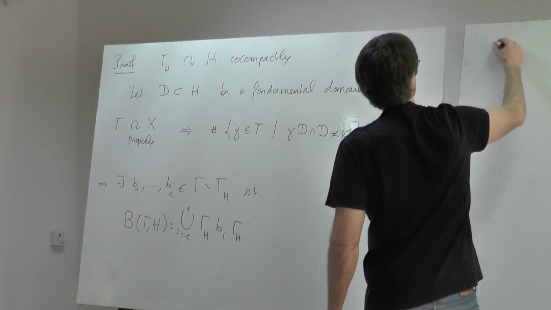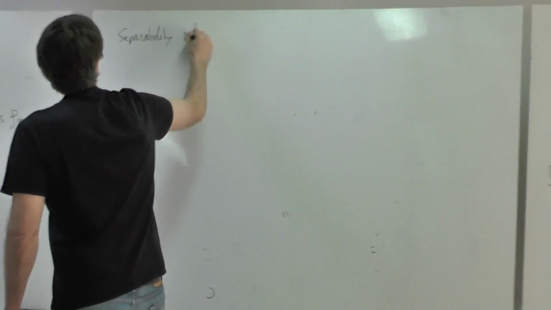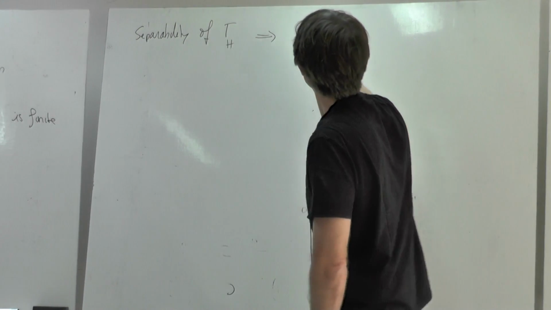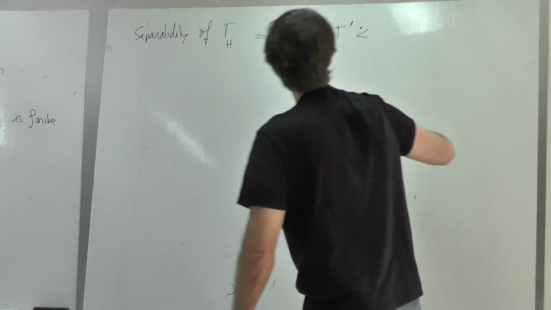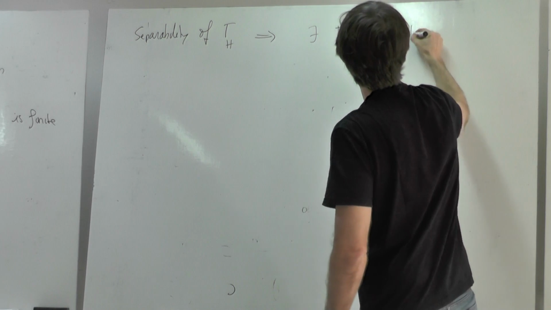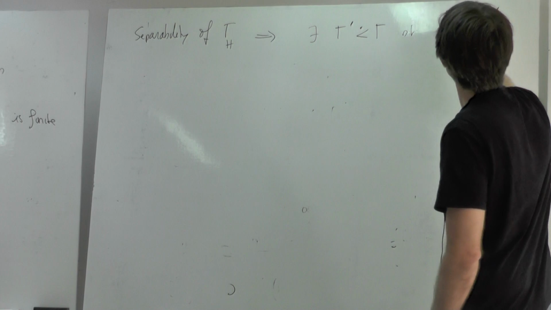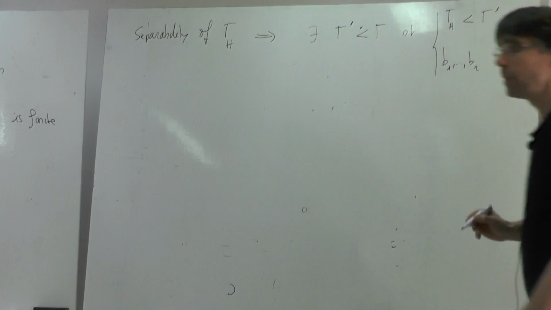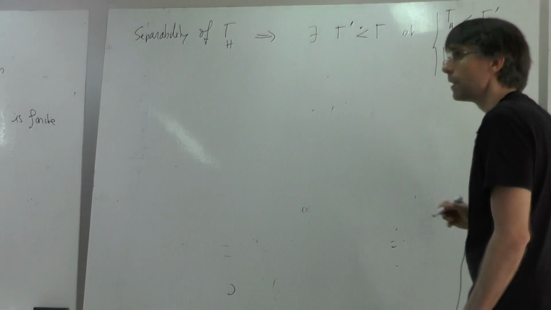So now the separability implies that there exists some gamma prime in gamma such that gamma H is contained in gamma prime, and the finitely many bad elements B1, ..., Br are not contained in gamma prime.